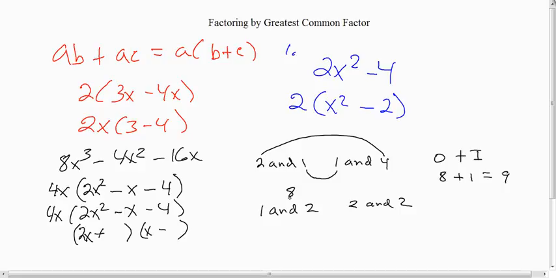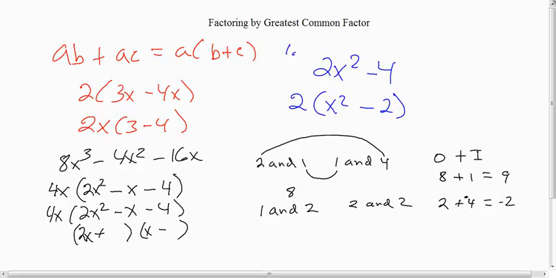So 1 times 2 gives us 2, and 2 times 2 gives us plus 4. Let's make the 4 negative. That still gives us a negative 2, and here we're looking for a negative 1.